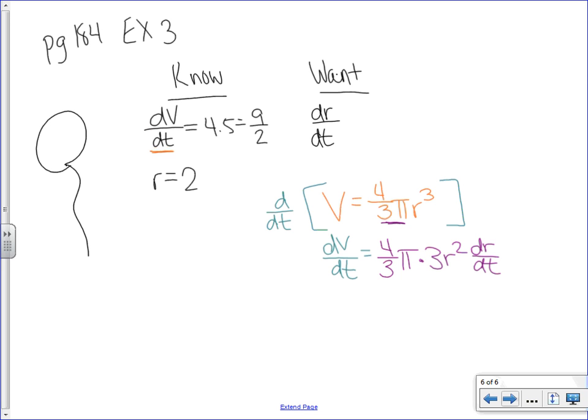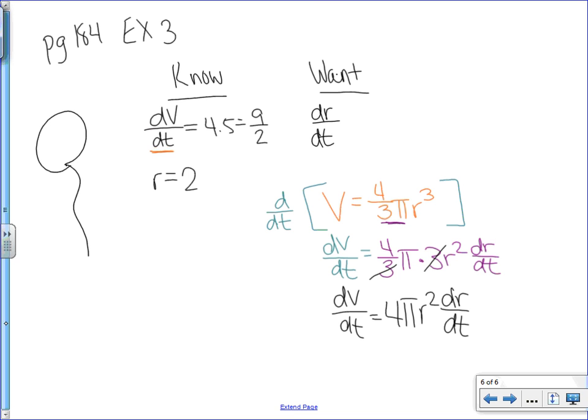I'm going to clean this up a little bit because this 3 is going to cancel with this 3. So dV dt simplifies to 4 pi r squared dr dt.